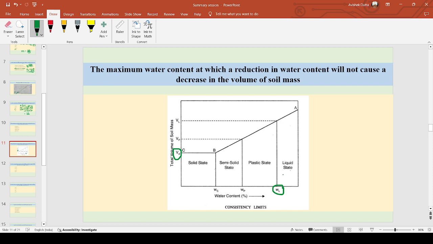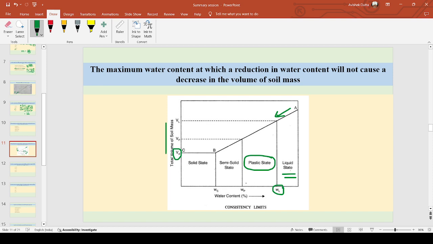It will have negligible shearing resistance. As we start decreasing the water gradually, the volume also starts decreasing. When it goes below the liquid limit, it comes in a plastic state. That means it is highly deformable.